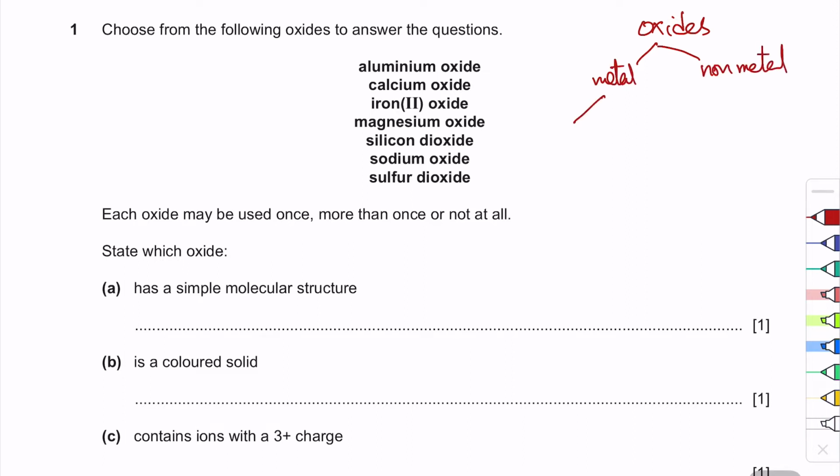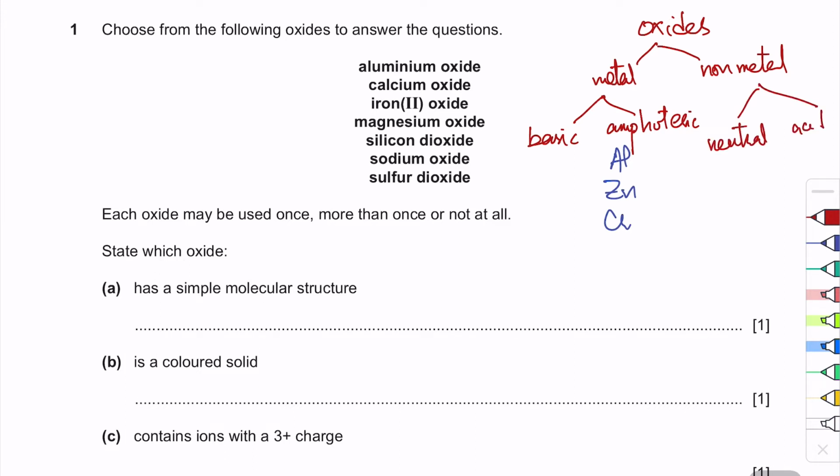Metal oxides are predominantly basic, but some are amphoteric, and the amphoteric ones are aluminum, zinc, chromium. Similarly, for non-metals, you have neutral and acidic, and the ones that are neutral are nitrogen monoxide, water, and carbon monoxide. So this is a rough tree that helps us understand some of these questions.